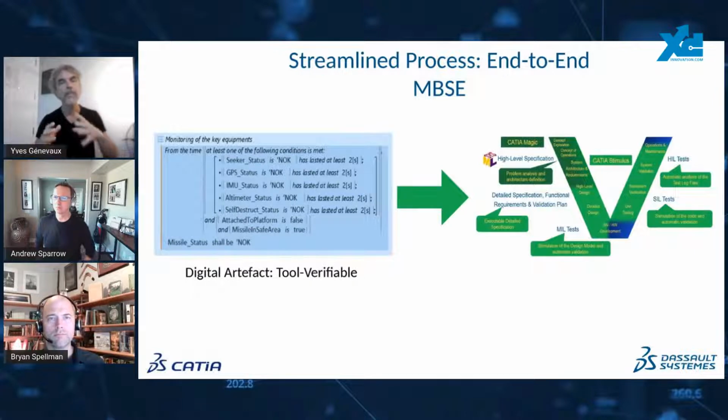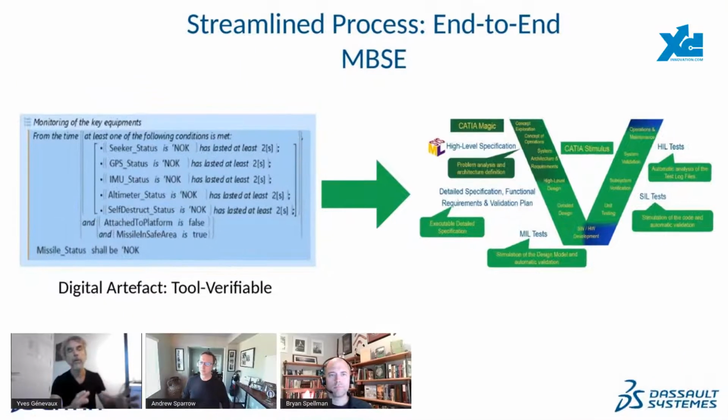And all these new services are possible because the basic artifact that is the source of all these activities, the detailed functional requirement, is a digital artifact. It is understood by a tool.